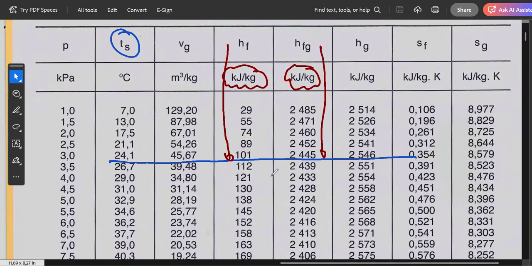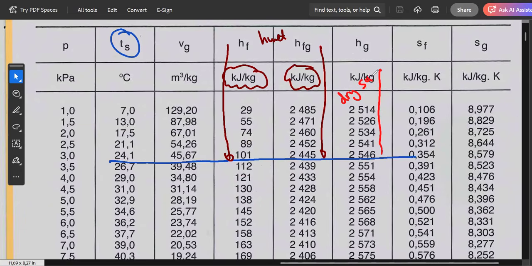We use these to determine our H wet. As we do understand, they give us H wet. For the dry saturated steam, you just take it direct. There's guys adding these two. It's a waste of time. Say, okay, to get HG is the sum of these two. Yes, you can do that. But already the value is there. At that temperature, you just take the value straightforward. When your steam is what?